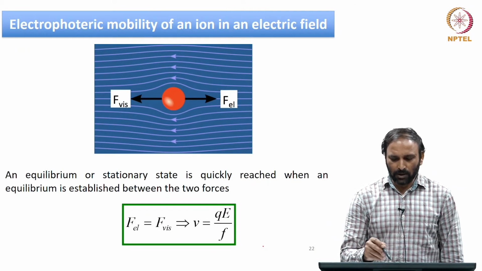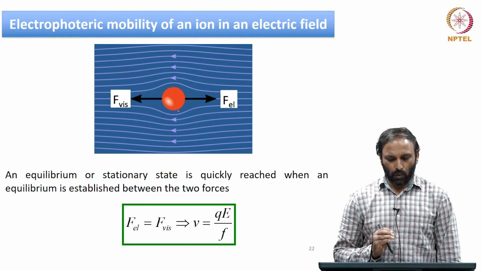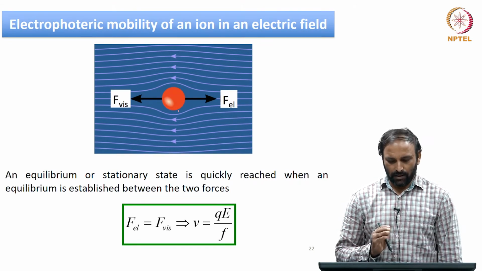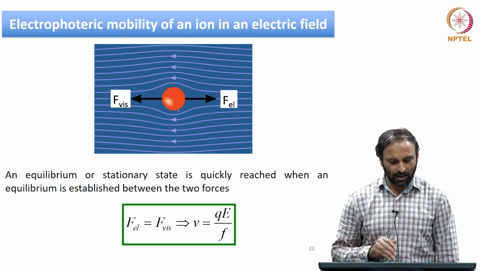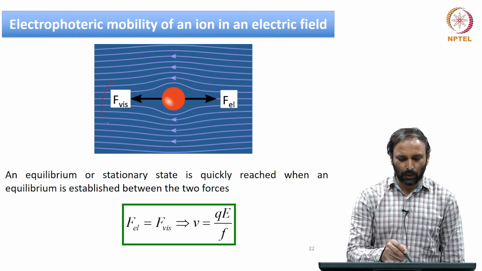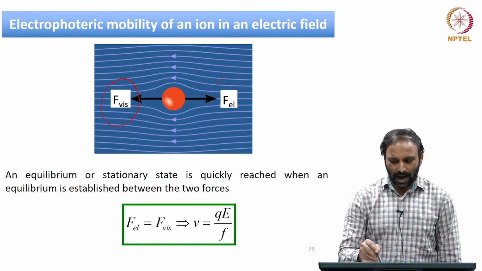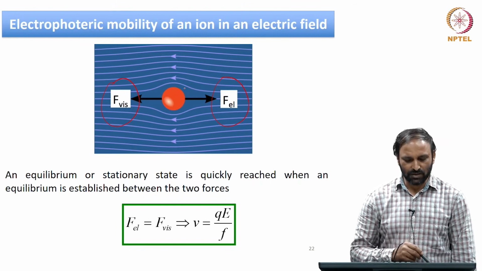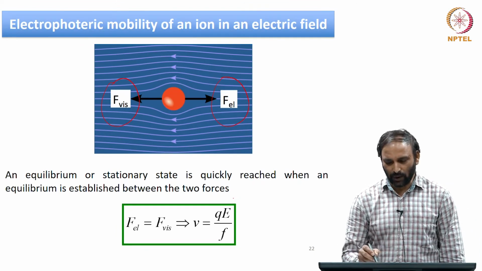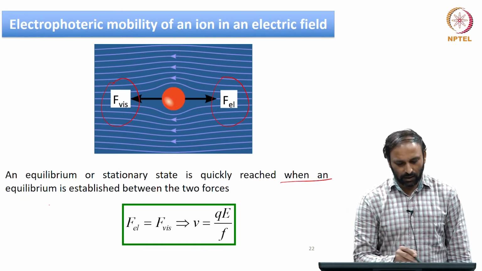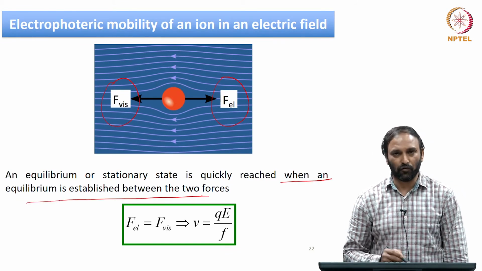And although the particle would accelerate when the electric field is applied initially, because of the balance between the viscous forces and the electrical forces, an equilibrium or stationary state is quickly reached when the equilibrium is established between the two forces.